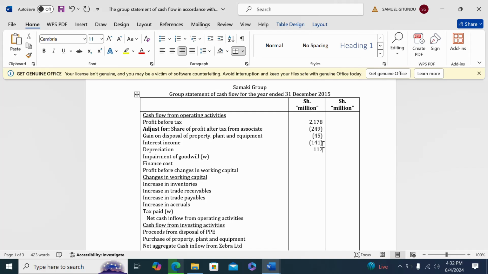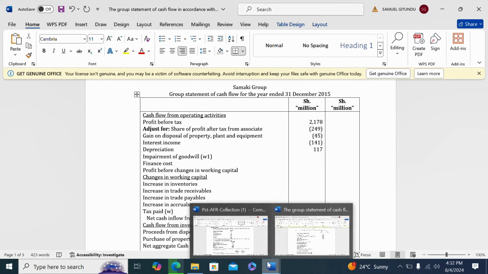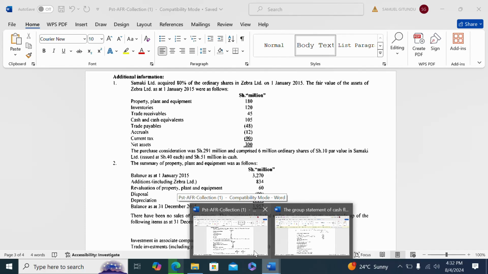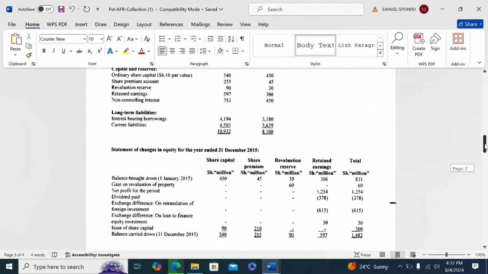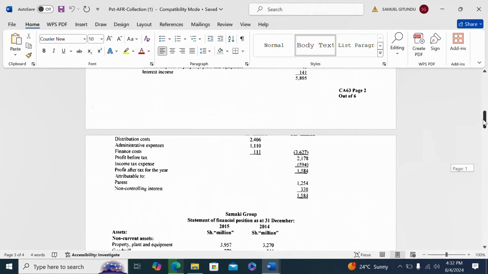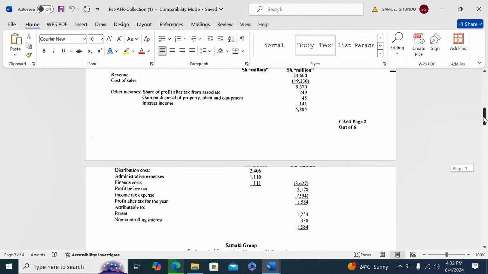Then impairment of goodwill. That one will need a working, so we can skip it first. Let us call it working 1. Then finance cost. We add back finance cost because finance cost is not an operating activity, it is a financing activity. How much was the finance cost from our statement of comprehensive income?